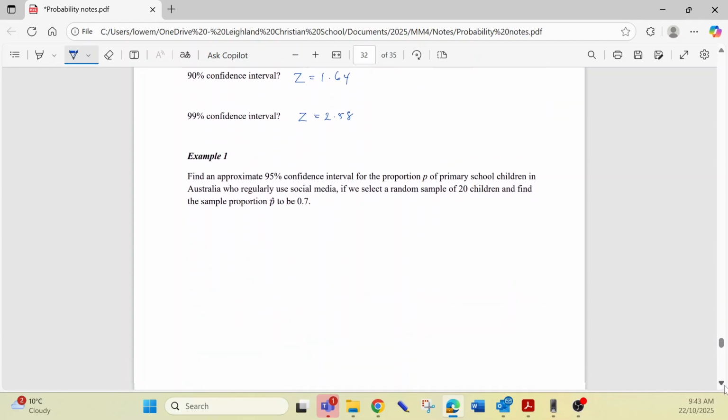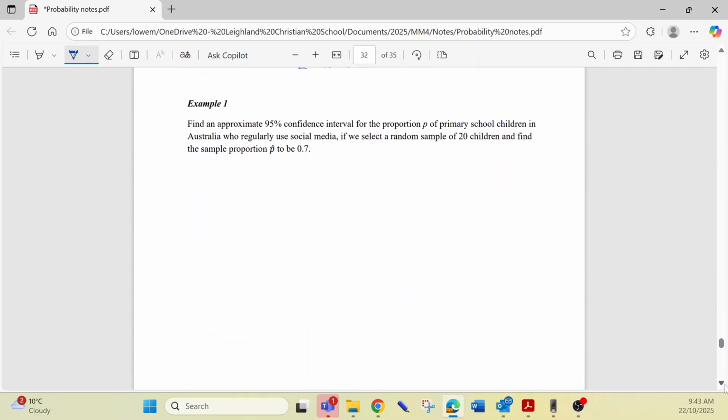We want to find an approximate 95% confidence interval for the population proportion P of primary school children in Australia who regularly use social media. We select a random sample of 20 children and find the sample proportion to be P hat equals 0.7.